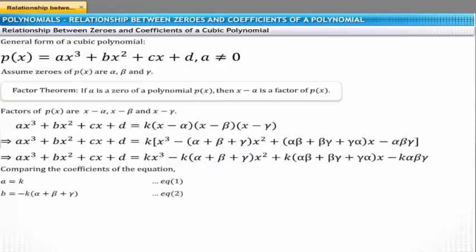Let this be equation 2. c is equal to k into the sum of the product of zeros taken 2 at a time. Let this be equation 3. d is equal to minus k into the product of the zeros. Let this be equation 4.